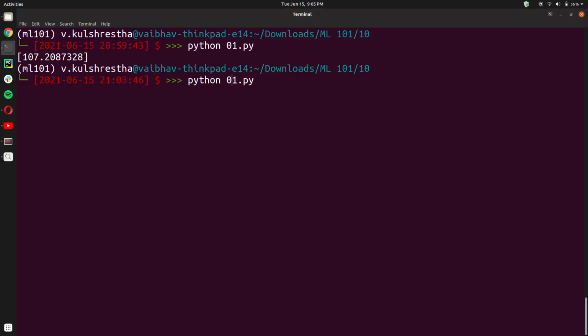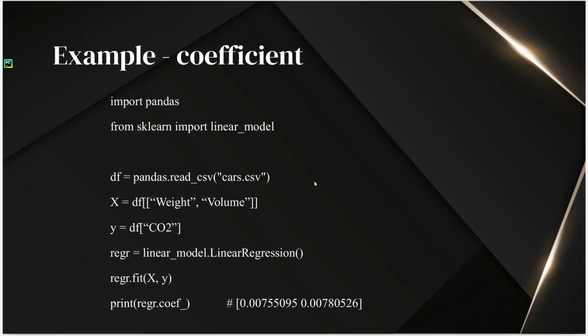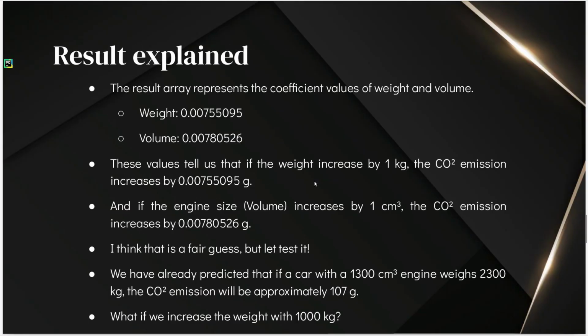Okay, if I run this, you will see that I get two values as output in a list: 0.0075 and 0.0078. Both of these values are almost similar. What this means is that the coefficient of weight is 0.0075 and the coefficient of volume is 0.0078.